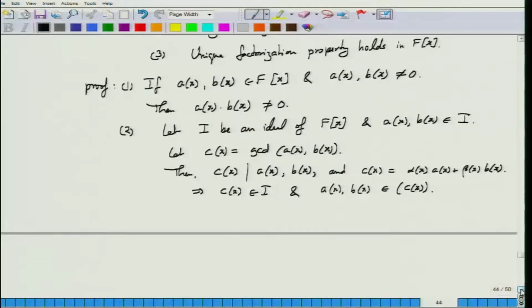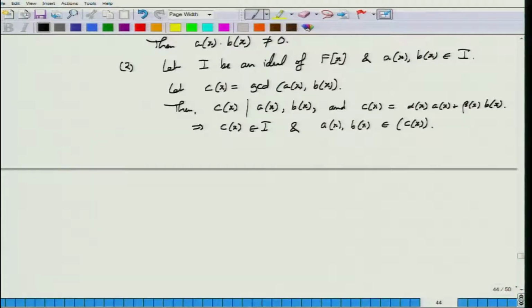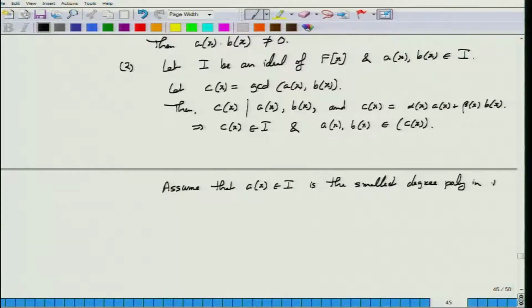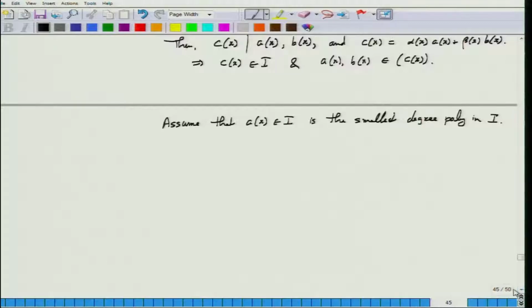So with these two properties we are done, because now you start with the smallest degree polynomial that is present in the ideal I. Now take any other polynomial of the ideal I. So let's assume that A(x) in I is the smallest degree polynomial, and B is any other polynomial in the ideal I. What can we say about C?